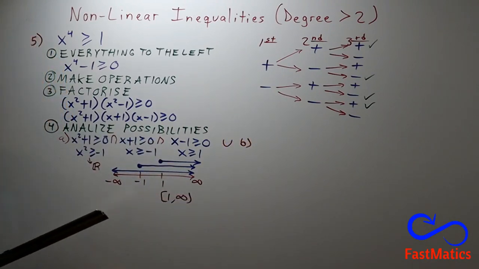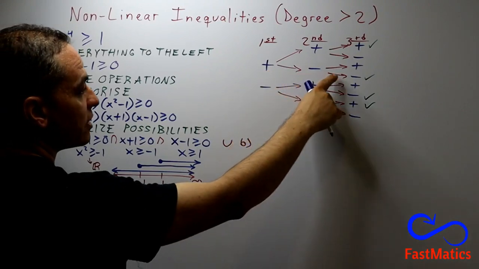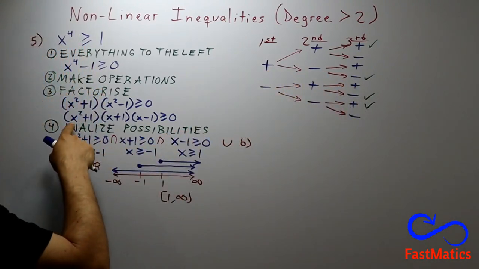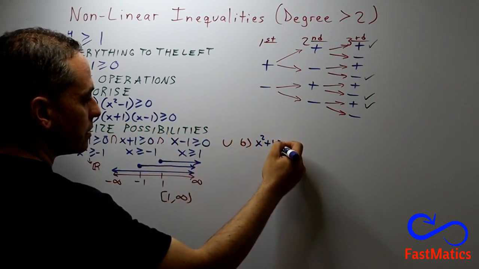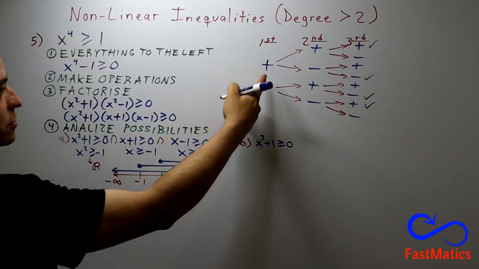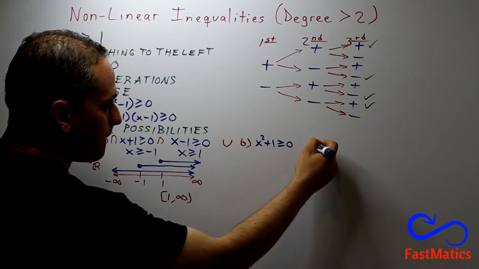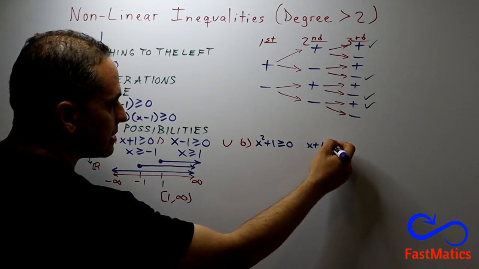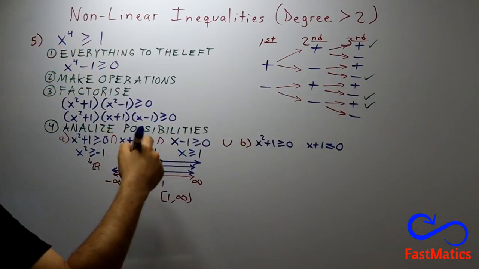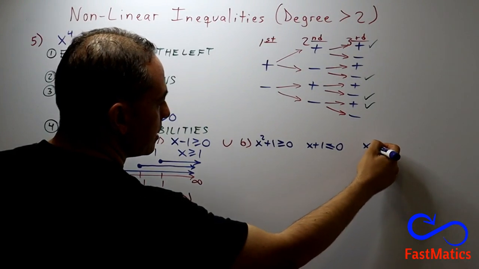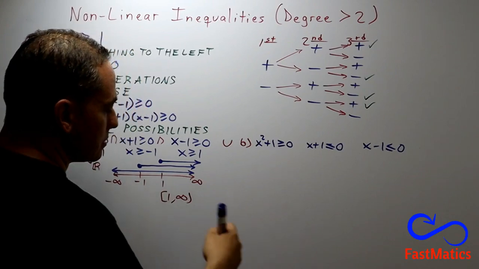The next possibility is the first parenthesis positive, the second negative, and the third negative. X squared plus 1 greater than or equal to 0, the first positive. After that, x plus 1 less than or equal to 0, and after that the third parenthesis negative: x minus 1 less than or equal to 0.